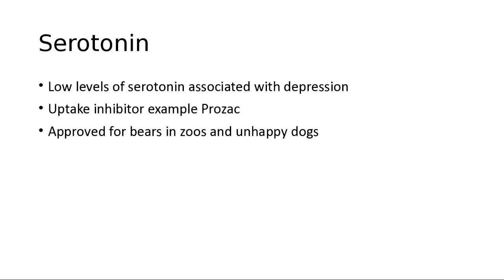Low levels of serotonin have been associated with depression. A selective serotonin uptake inhibitor is fluoxetine, or Prozac. It was the first purely selective serotonin uptake inhibitor on the market. And it actually does help a lot of people with depression.